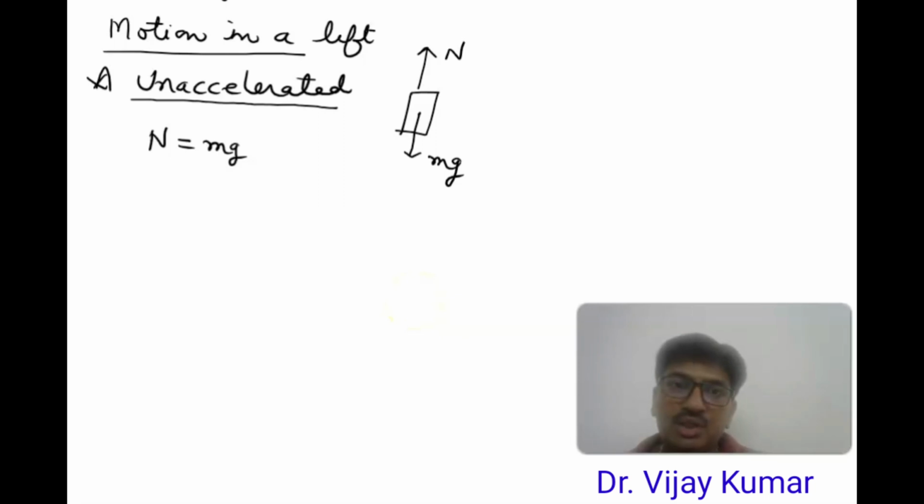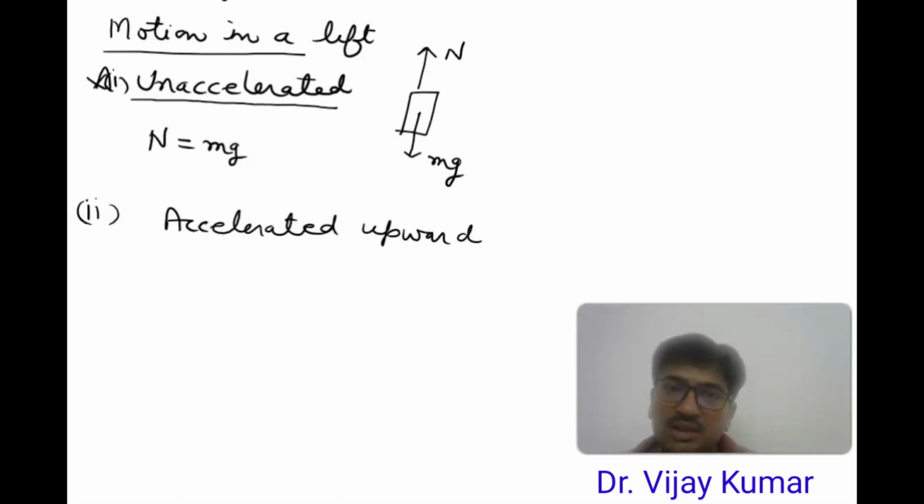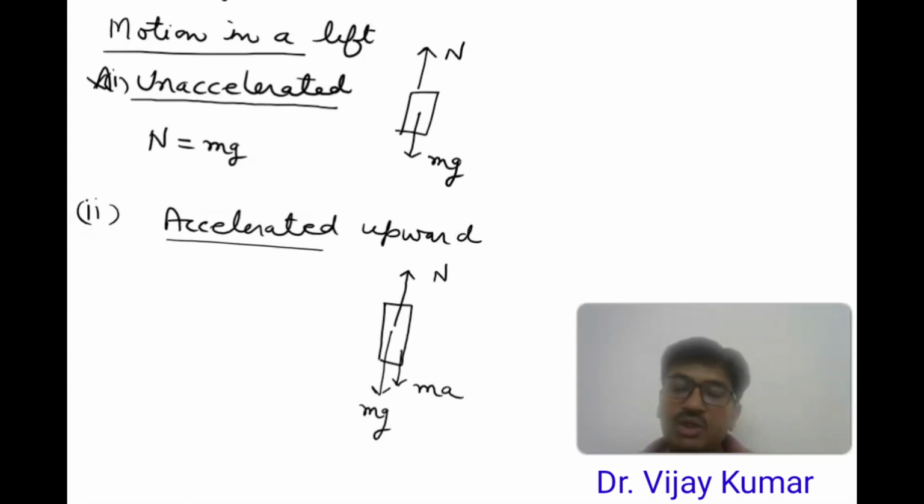But this is case number 1. In case number 2, when the lift is accelerated upward, suppose this is a person and normal acts in the upward direction, the weight of the person acts in the downward direction, and due to the upward acceleration, ma also acts in the downward direction.